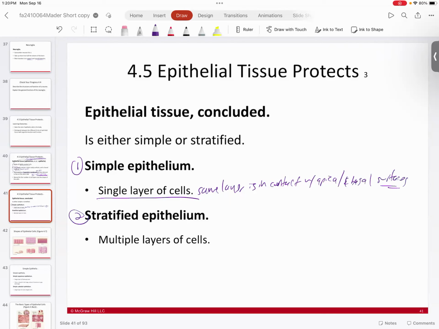If you're stratified, that means you're multiple layers, so different cells are in contact with the apical and basal surfaces.